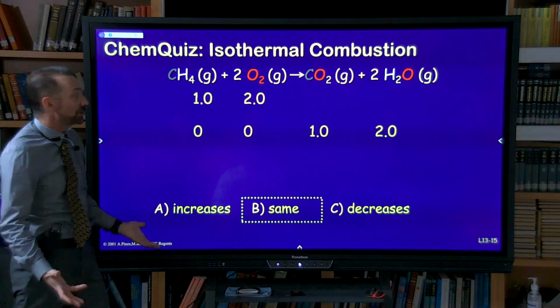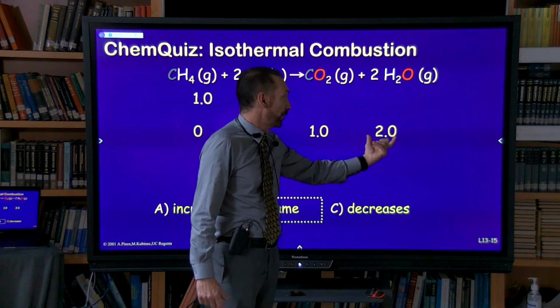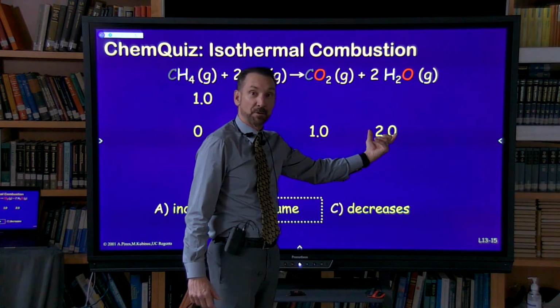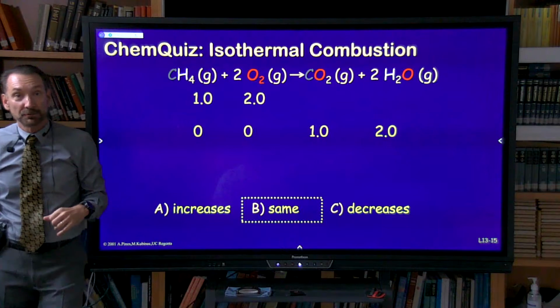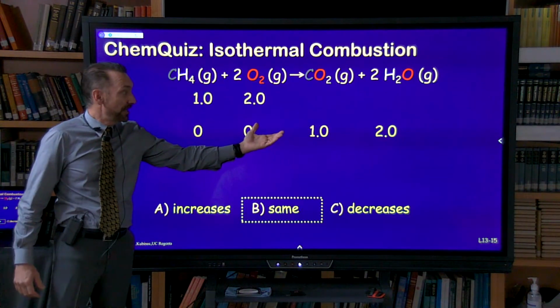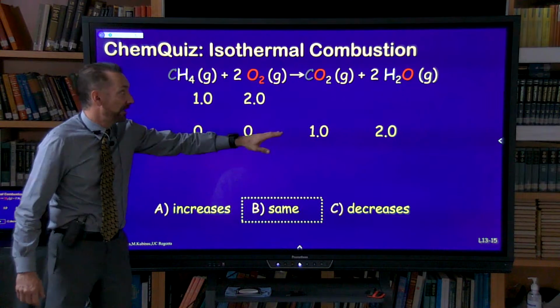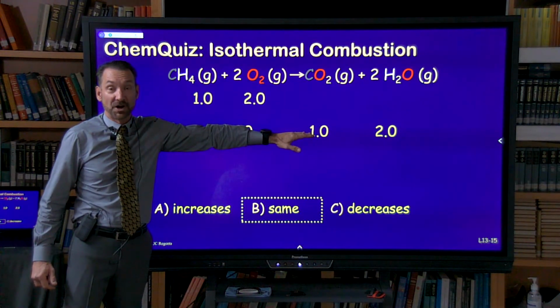What are the partial pressures? Well, you know how many moles of gas. So some of the pressure is coming from the water molecules. Some of it is coming from the carbon dioxide molecules. And you need to be able to say that the partial pressures are independent: carbon dioxide doesn't know the water molecules are there.